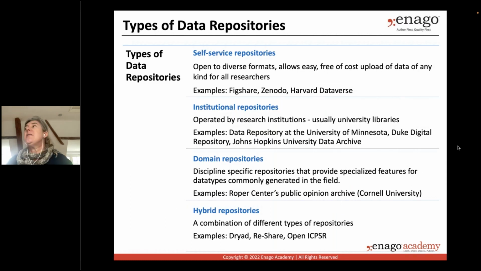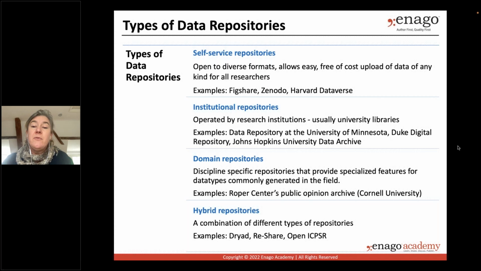So you've got various types of repositories, we say. You've got self-service ones, which are free, easy to upload, very non-standardized, if you like, so they can be a bit of a dumping ground, but they are also very, very useful. And then things like Figshare and Zenodo and Dataverse. You've got institutional repositories, usually run by institutions.